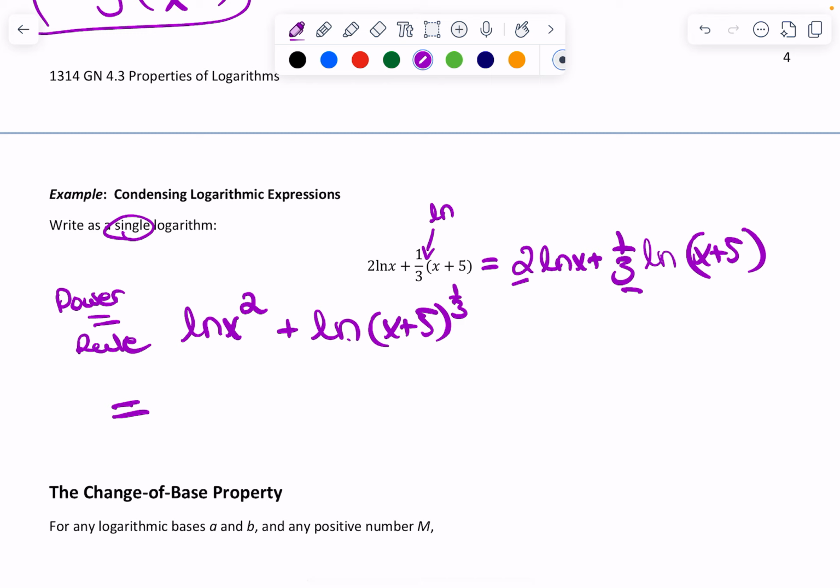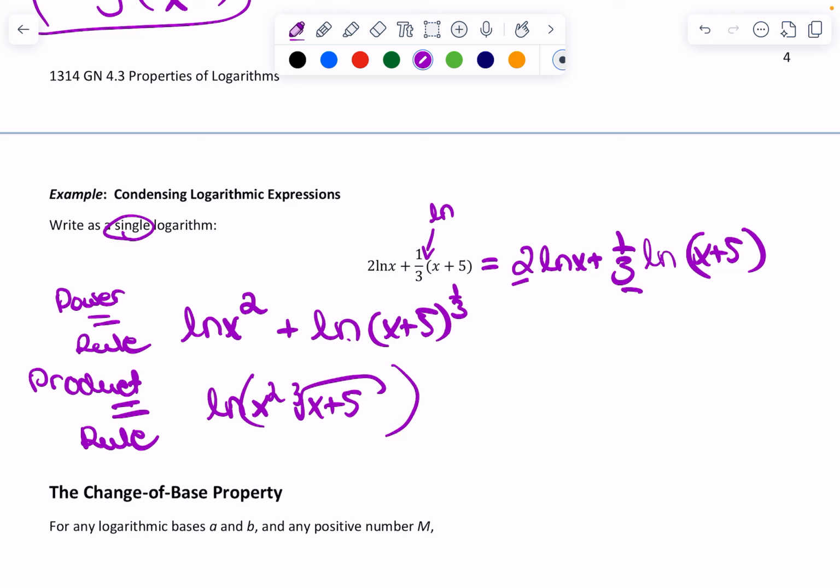So we're going to use the product rule. So natural log of x squared, we need parentheses now, times x plus 5, and I'm going to rewrite it as the cube root. Oh, the 2 is too close. Here we go. And that would be our answer to write it as a single log.